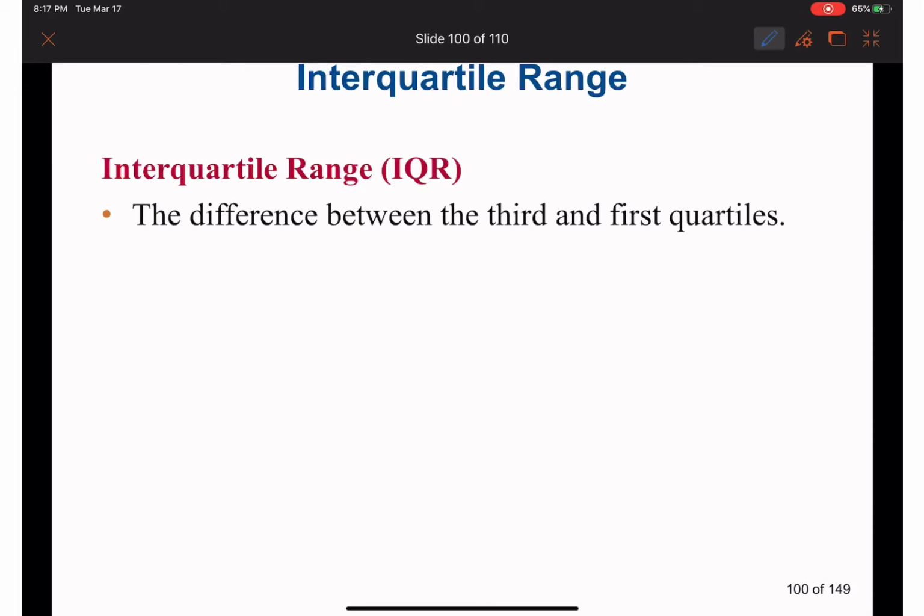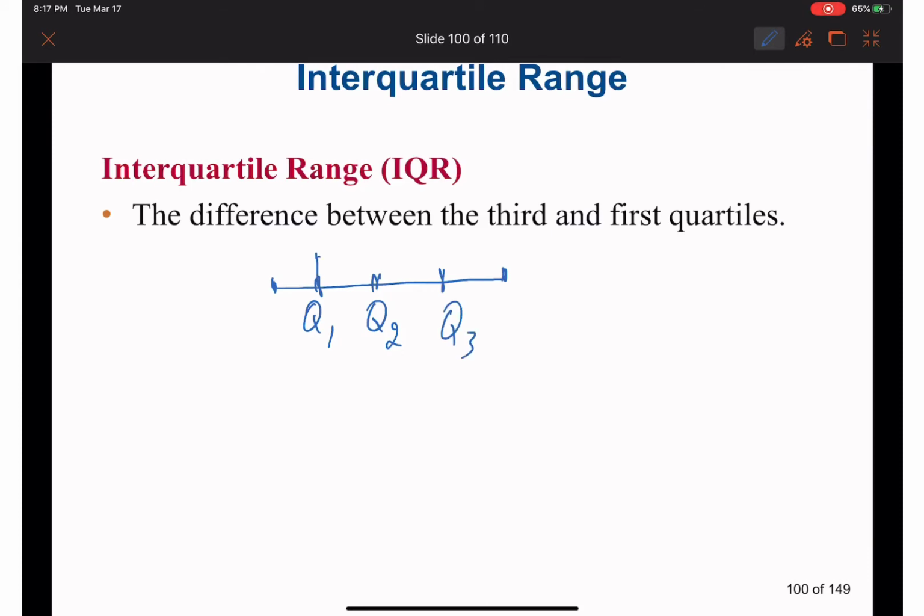Interquartile range, IQR, the difference between the third and first quartile. So if I have here, let's say my database, this is Q2, this is Q1, this is Q3.